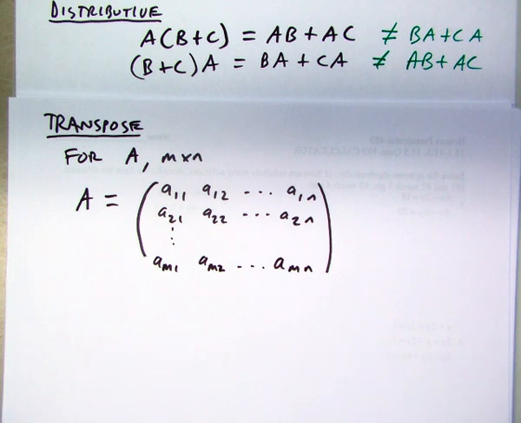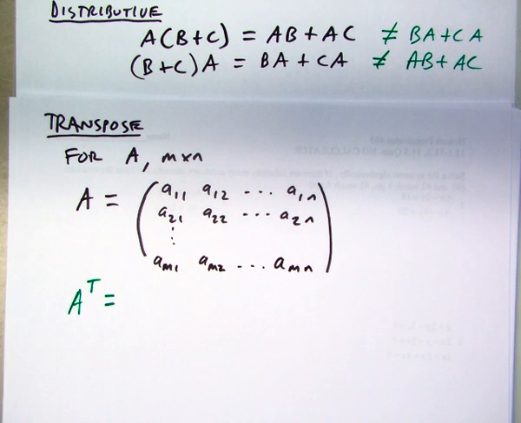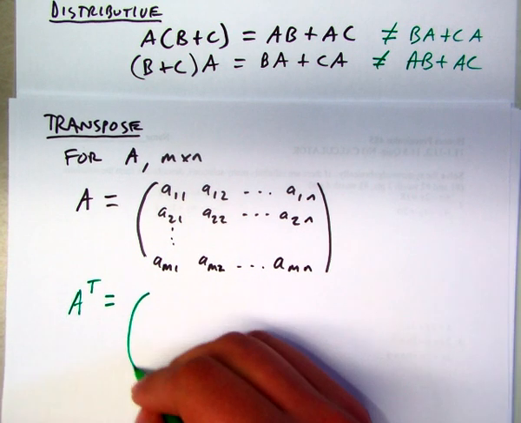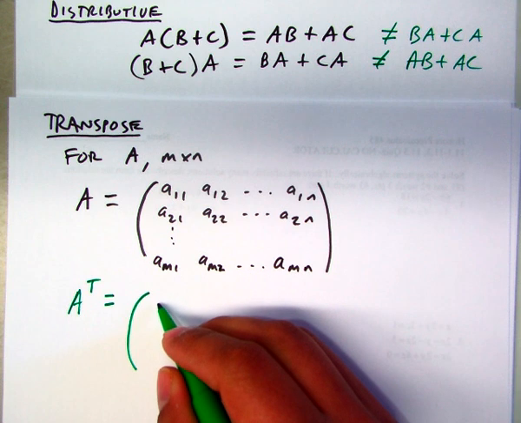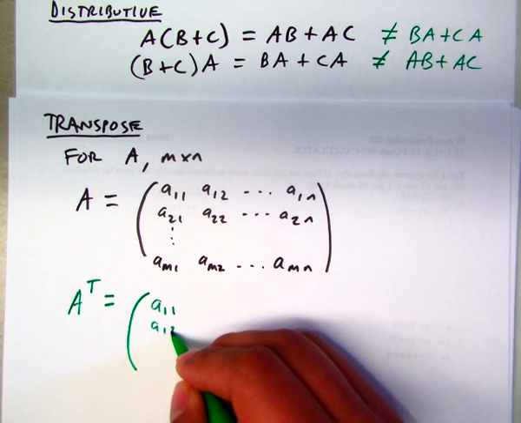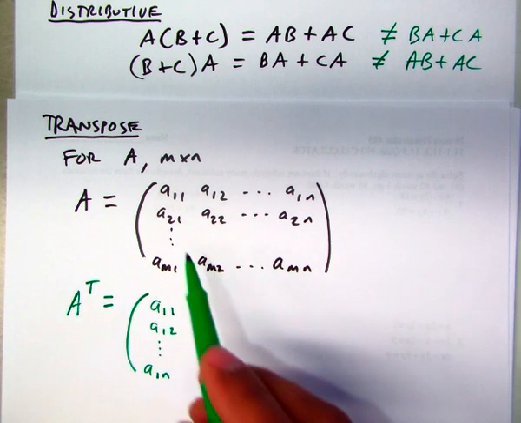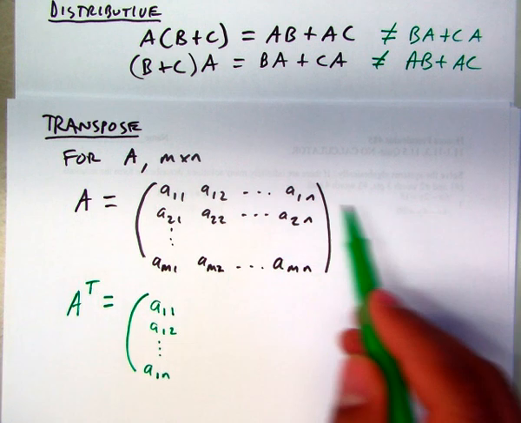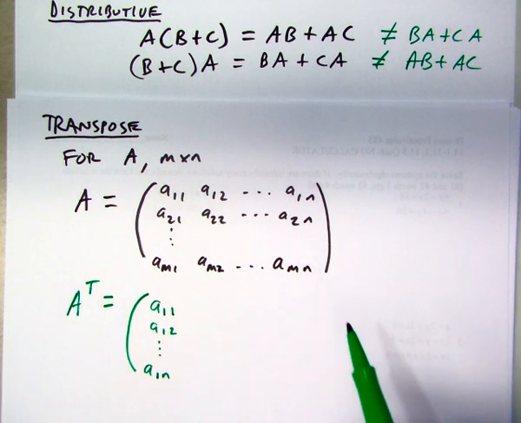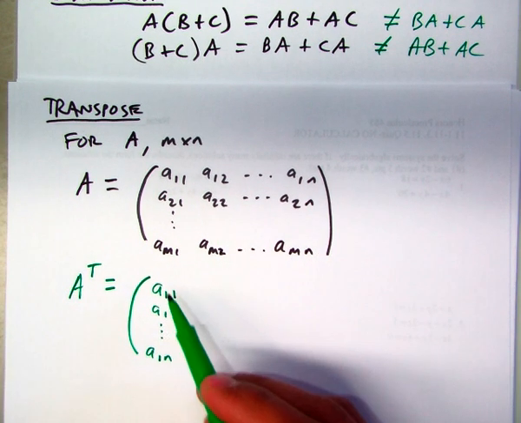The transpose of A looks something like this. A11, A12, and so on, down to A1N. All you're going to do is take the rows of A, and what we mean by transpose is now the rows become columns and vice versa. So the easiest way to do that is to literally just take first row, make it a column. Second row, make it the next column.